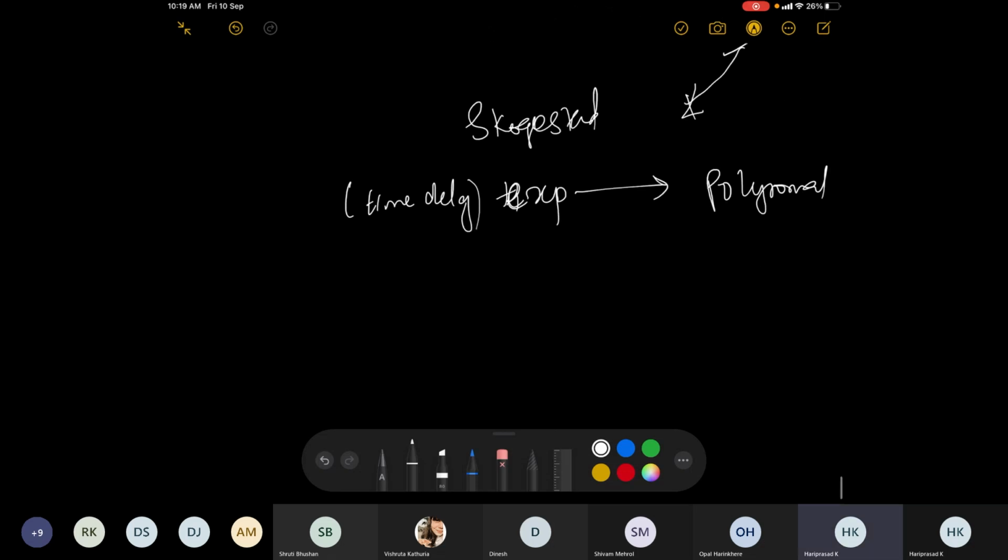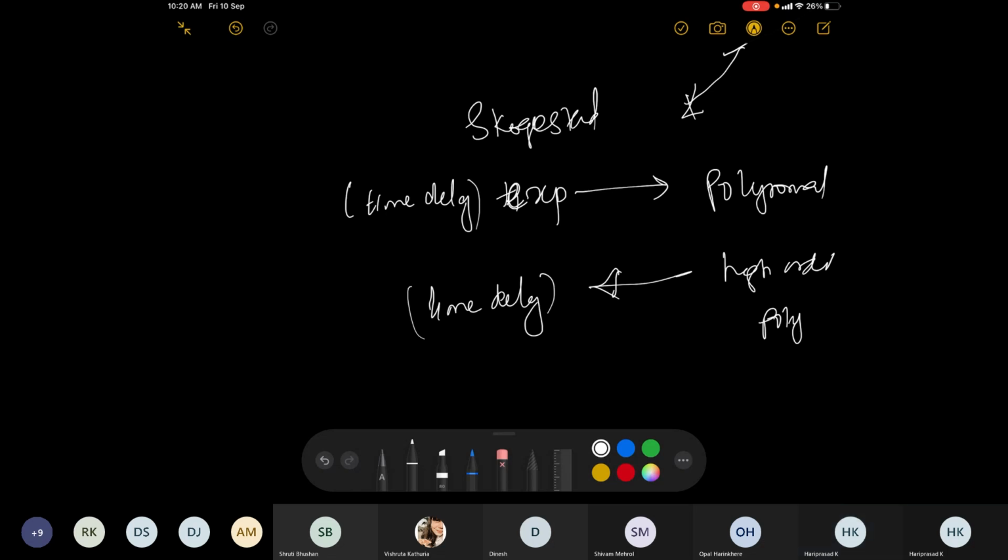So if there are higher order terms, which means your polynomial degree is higher, do reverse mapping, because you have used the same principle over there to convert them into polynomial. So higher order polynomial, you convert into a suitable time delay. So you're bringing in a time delay, but you're reducing the higher order polynomial structure. It could be fourth order, fifth order, but that would be like a simple time delay term in the model.